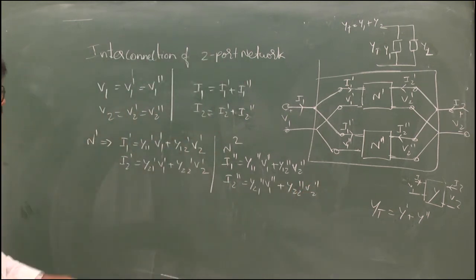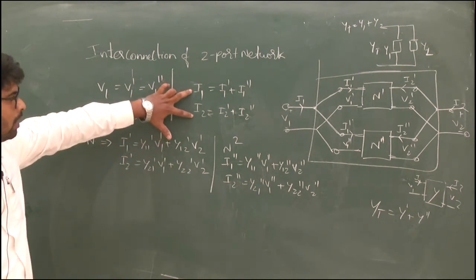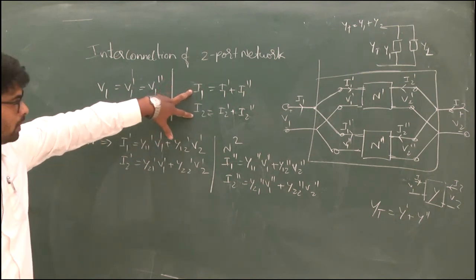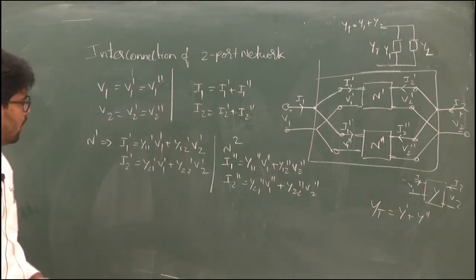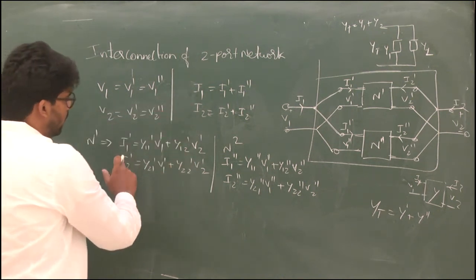Now, for getting the overall Y parameters, we need I1 in the form of I1 and I2. So we have I1 and I2, and each individual I1 dash and I1 double dash.